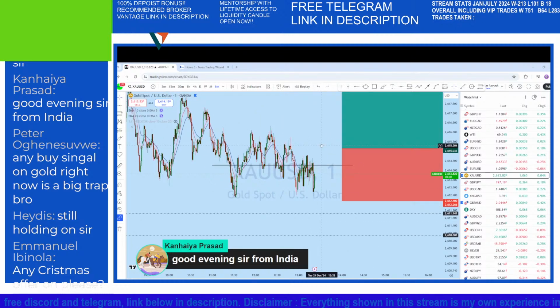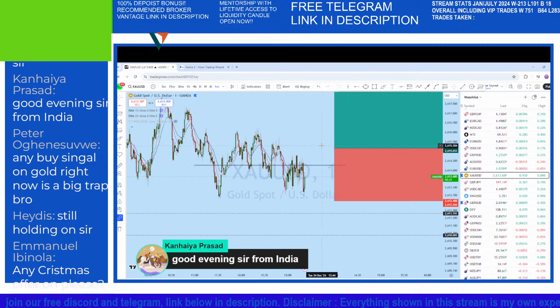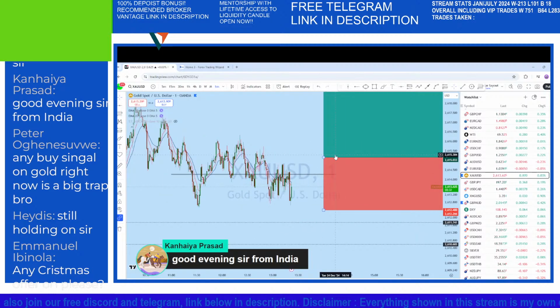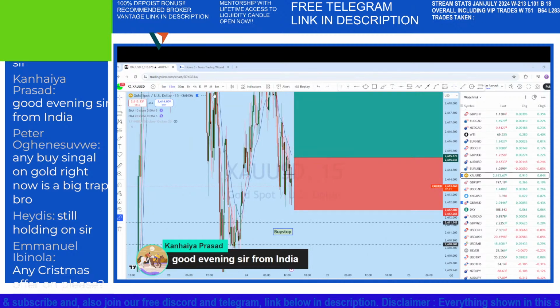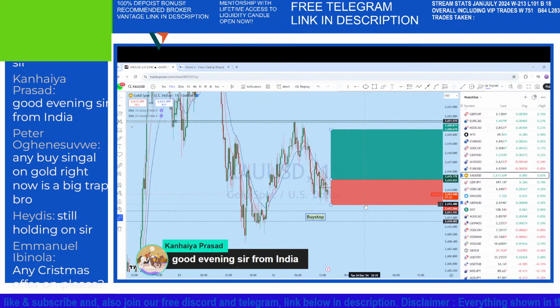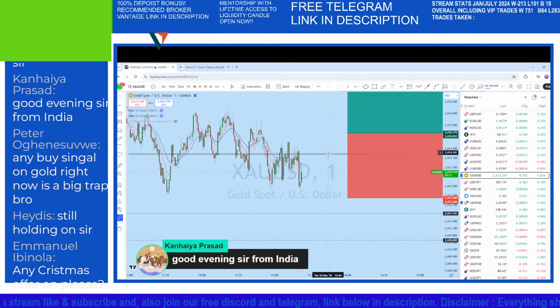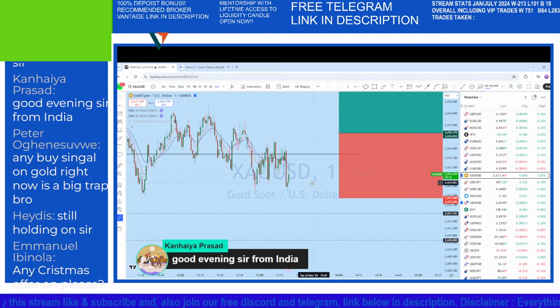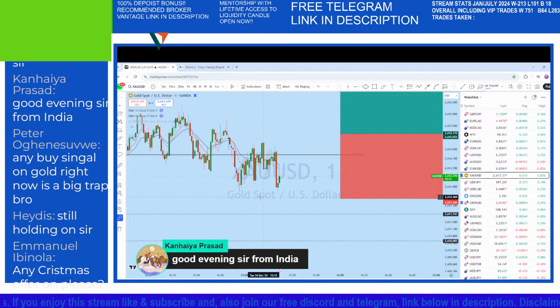Okay, so from the last few pips, there is a primary reaction. The reaction is, you can see this is a support level here.